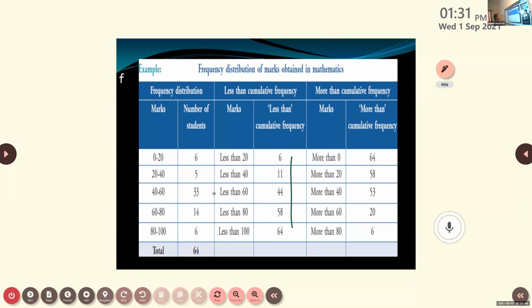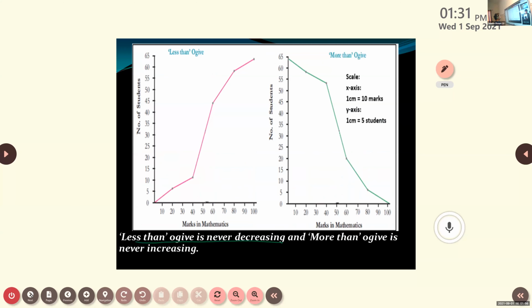What about more than? Is it increasing? This part if you see, is it increasing? It is never increasing. So keep that point in your mind. Less than ogive is never decreasing, because with the term less than, we always have a tendency to think it is decreasing. So less than ogive is never decreasing, more than ogive is never increasing.